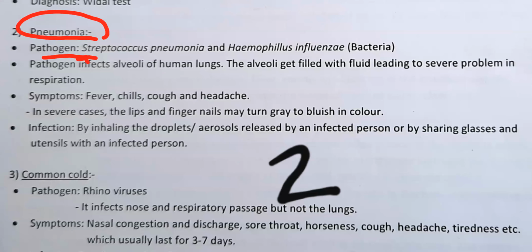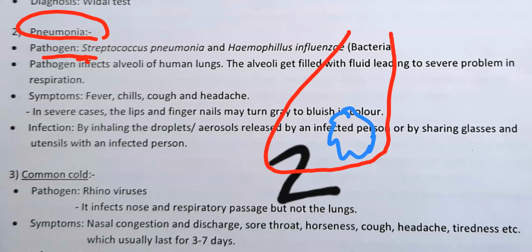So its ultimate target is the lungs. Through the air it will be inhaled, enter the respiratory passage, and reach the lungs. Inside the lungs there are alveoli, the chambers you may have heard about.